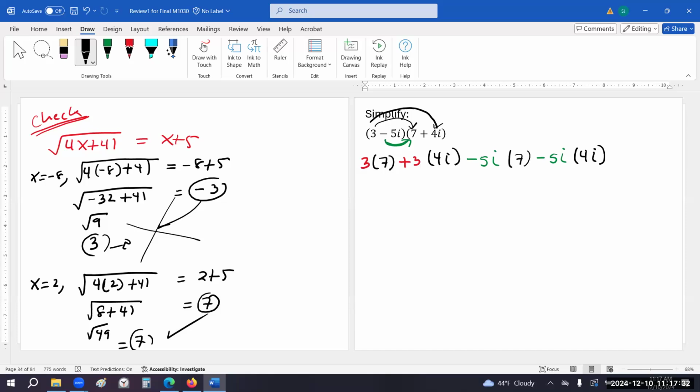And I remember clearly, most students got this wrong in the exam. So what do we have for the first one? 3 times 7? 21. The next one? 12i.